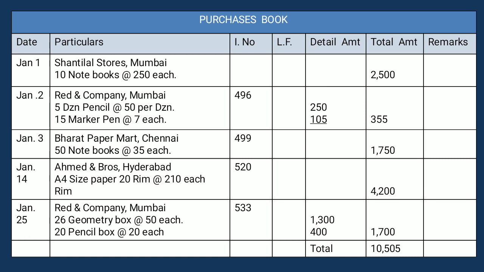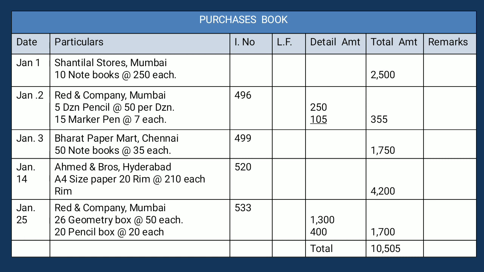Next we have January 25, Red and Company, Mumbai. We purchased two different items. First, 26 geometry boxes at the rate of 50 each, so the total is 1300 for the geometry boxes, and again 20 pencil boxes at the rate of 20 each, that is 400. So the total amount we spent on the 25th of January on purchases from Red and Company is 1700.